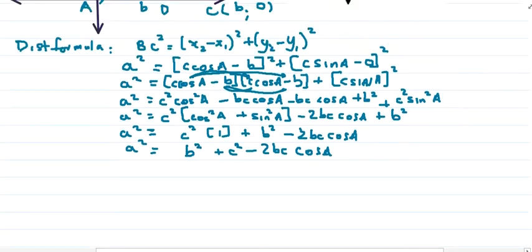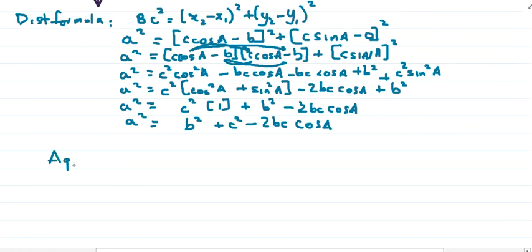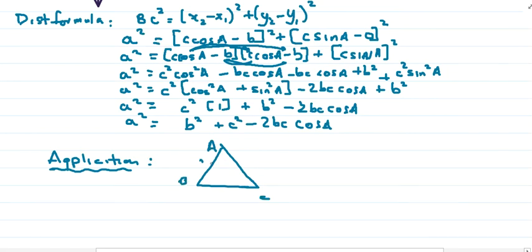Now, if we look at the application of the cosine rule, whenever we use the cosine rule, we would apply it in triangles ABC where we're given two sides and the included angle, and we want to find the third side. So given two sides and the angle between them, we can apply the cosine rule.